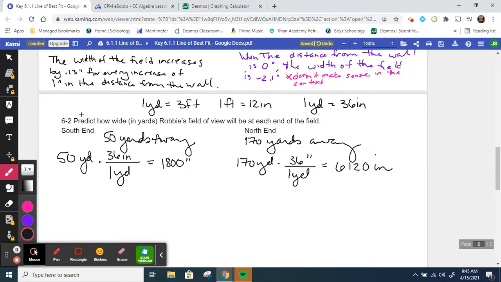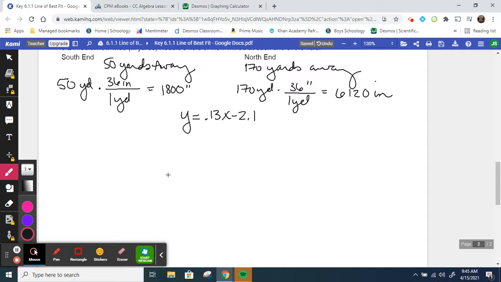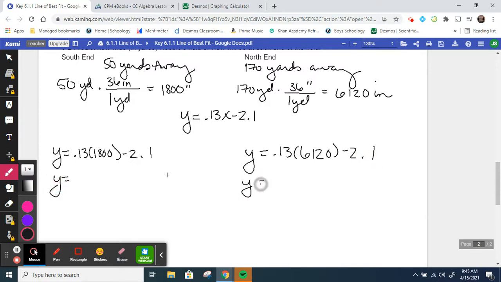So now I'm going to use that formula that we came up with on the previous page. If I want to predict how much he'll be able to see, here I would do y equals 0.13 times 1,800 minus 2.1. And then here I would do 0.13 times 6,120 minus 2.1. So let's go ahead and figure that out.